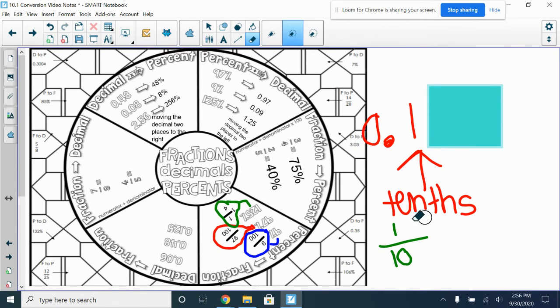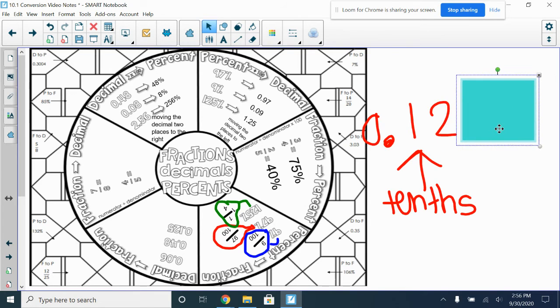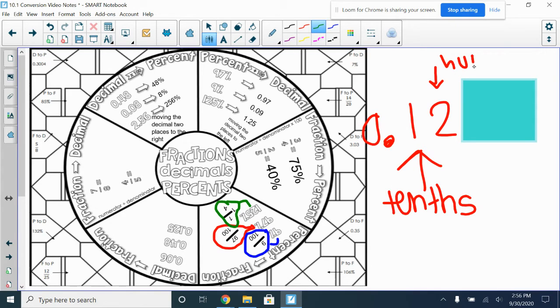All right, my second position says that I have 2/100ths. So let me write that. My second position is our 100ths, our 100th position. So now I have 12, because 1, 2.